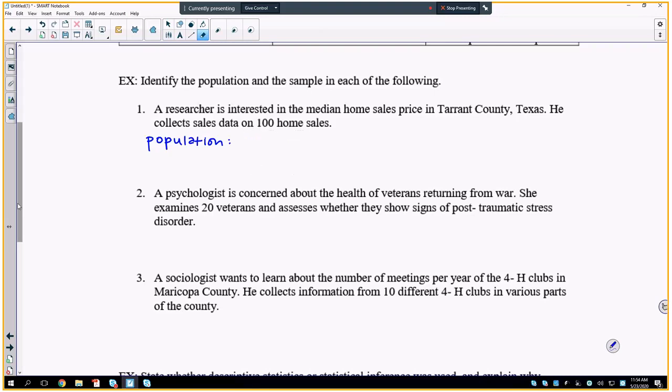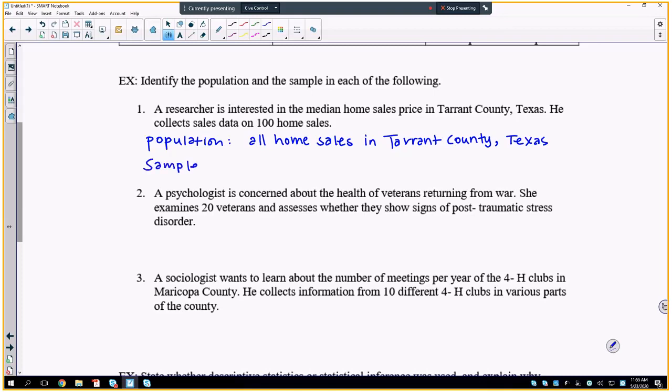So the population is all home sales in Tarrant County, I should say, whereas the sample is just the data he collected for 100 sales.